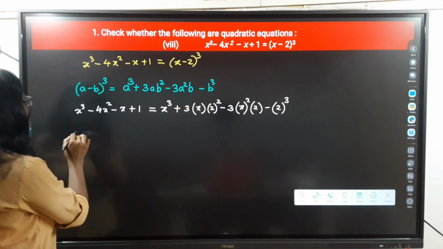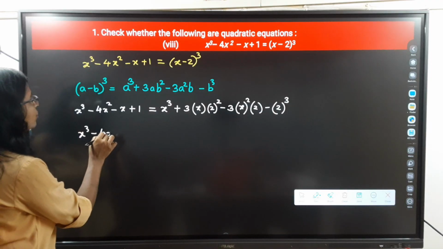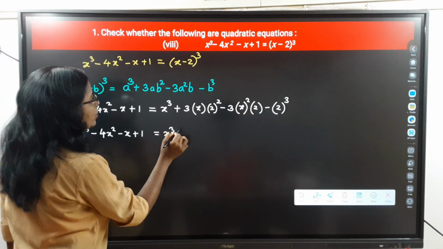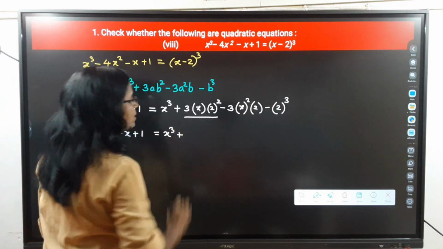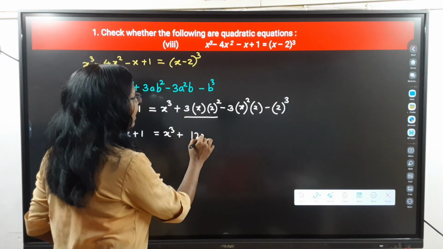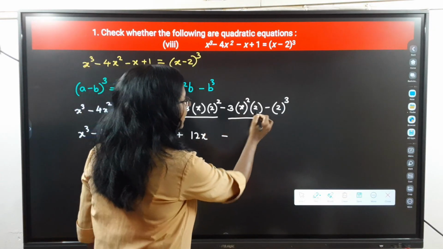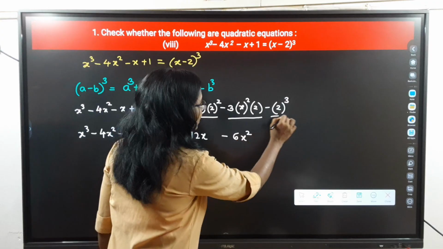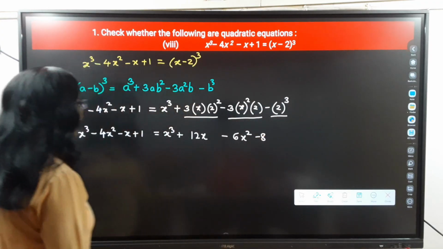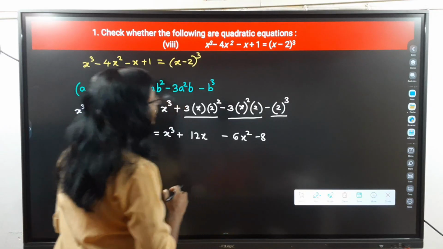So x cube minus 4x square minus x plus 1 is equal to x cube plus, square of 2 is 4, 3 fours are 12, so 12x, minus 3 twos are 6, 6x square, and cube of 2 that means 8, so minus 8. Now further I simplify, that is the shifting process.